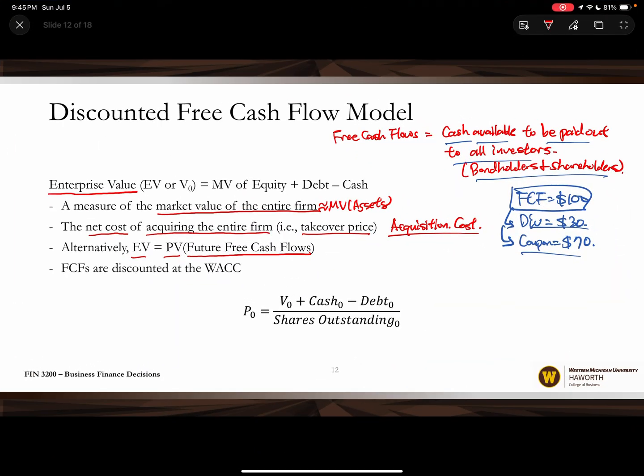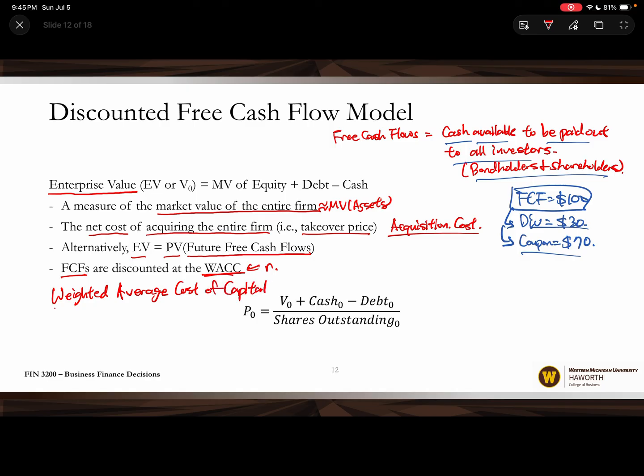The R that we use to discount free cash flows is called the WACC. This is the R used in free cash flow discounting. WACC stands for the weighted average cost of capital.